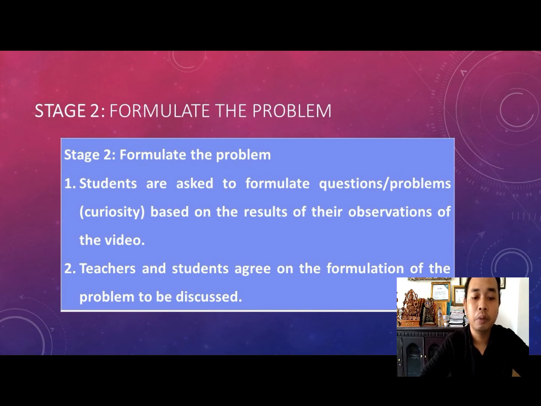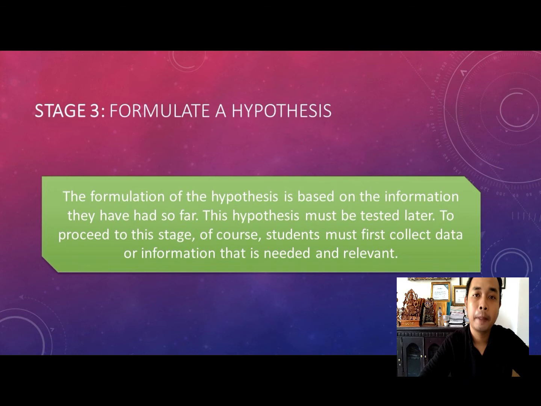And then we enter stage 3. In stage 3, the students need to form some hypotheses about what a good paragraph is. So how do the students achieve this target?